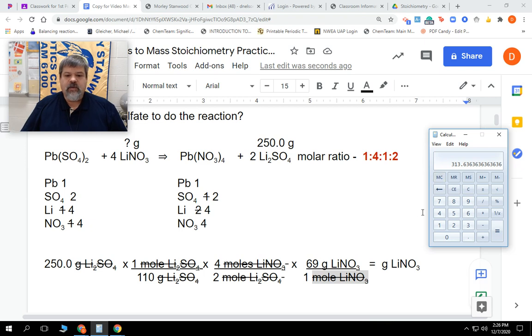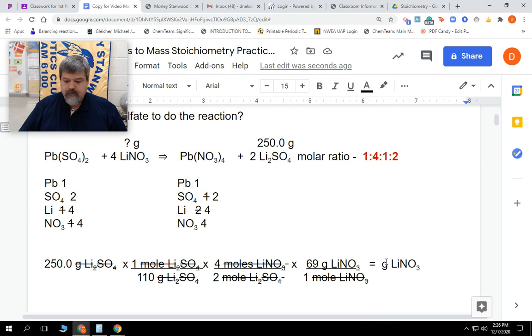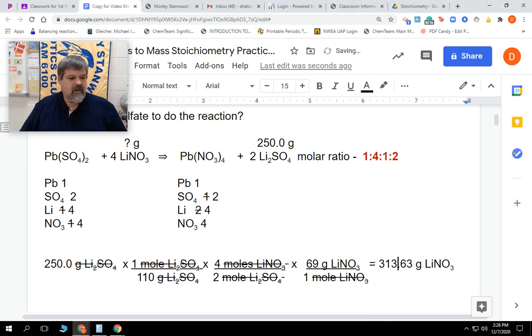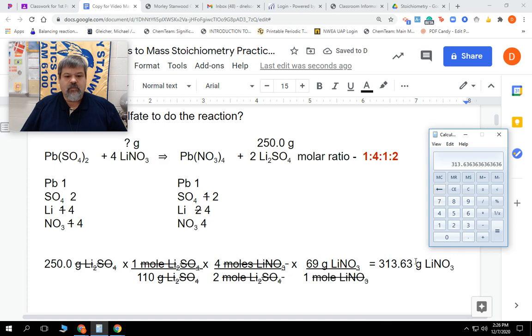Hit equals. I have 313.63 repeating. Did I do it right? It's 313, isn't it? Yes, it is. So 313, again, .63 repeating.